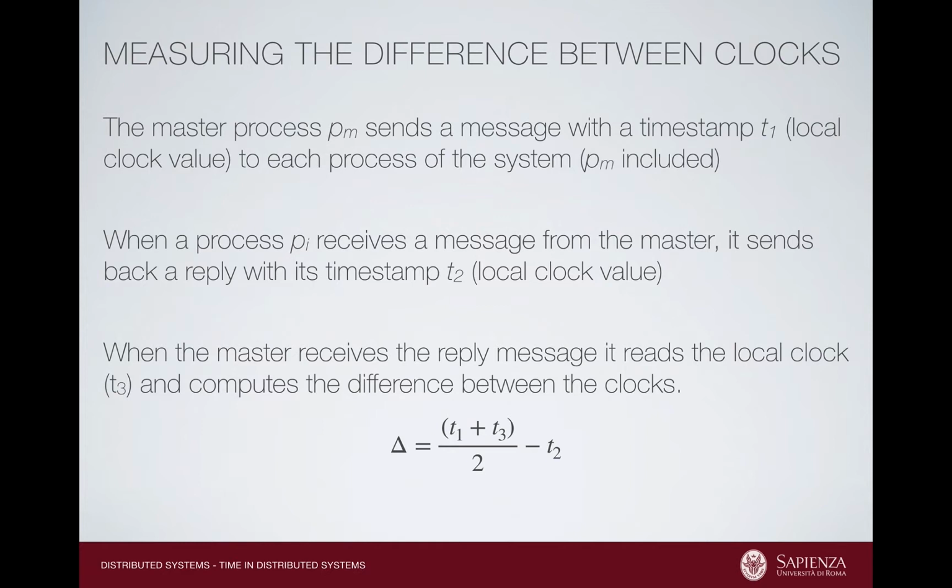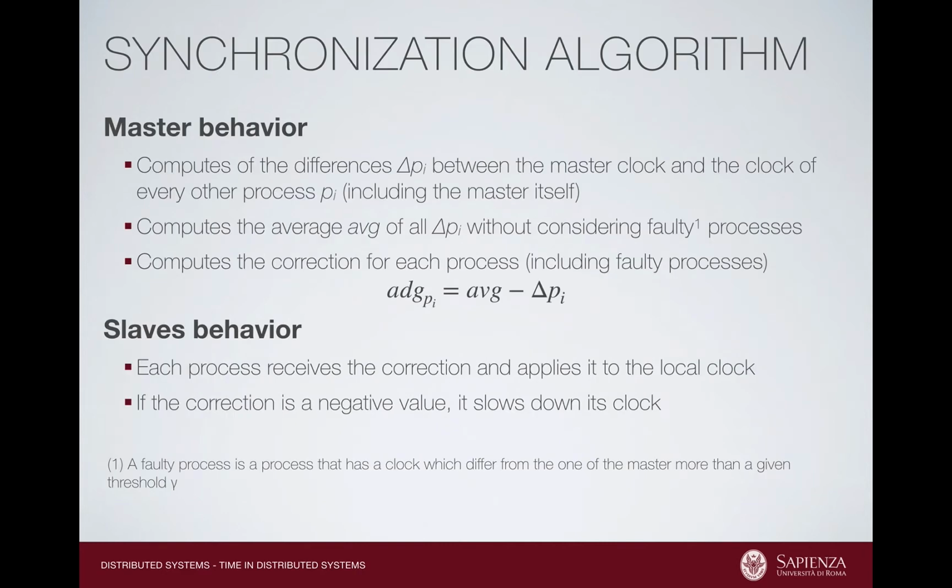The master that received the reply computes the time at which it receives it, so it computes the round trip time also in this case, and then it computes a difference between its clock and the actual clock of the client, and this difference is computed using this equation, that is the time you send the message plus the time you received the message, divided by 2, minus the timestamp on the message from the client.